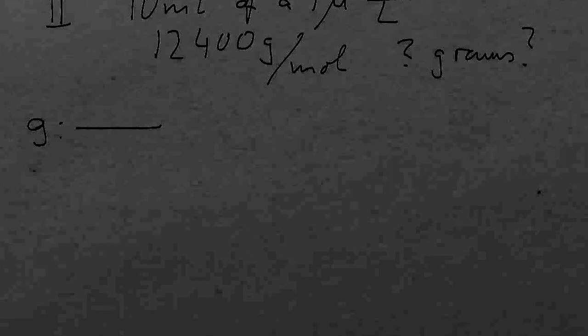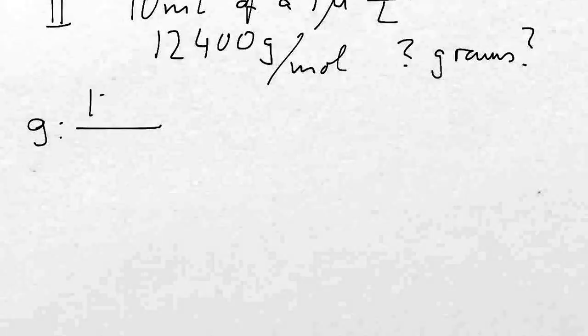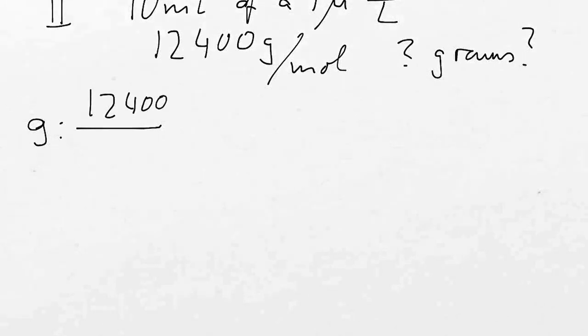Where is that? It is the molecular mass. Exactly. So we have 12,400 gram per mole. I have grams sitting on top of the fraction line, so that's good.